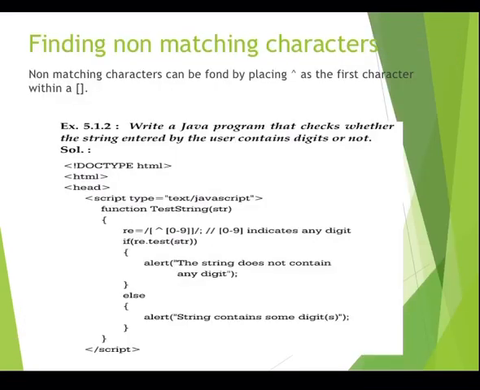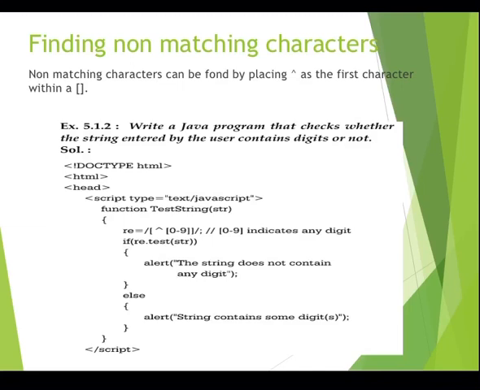So the next topic is finding a non-matching character. A non-matching character can be found by placing your negation symbol, the ^ symbol, as the first character within your square bracket.